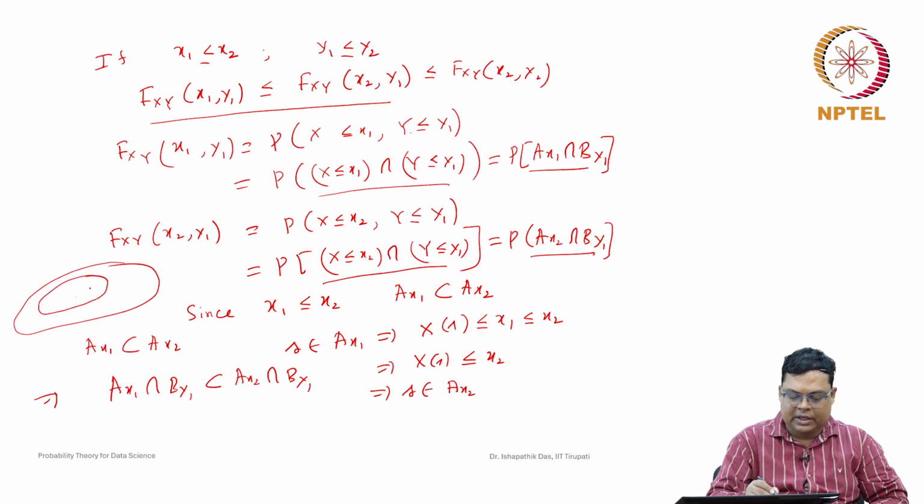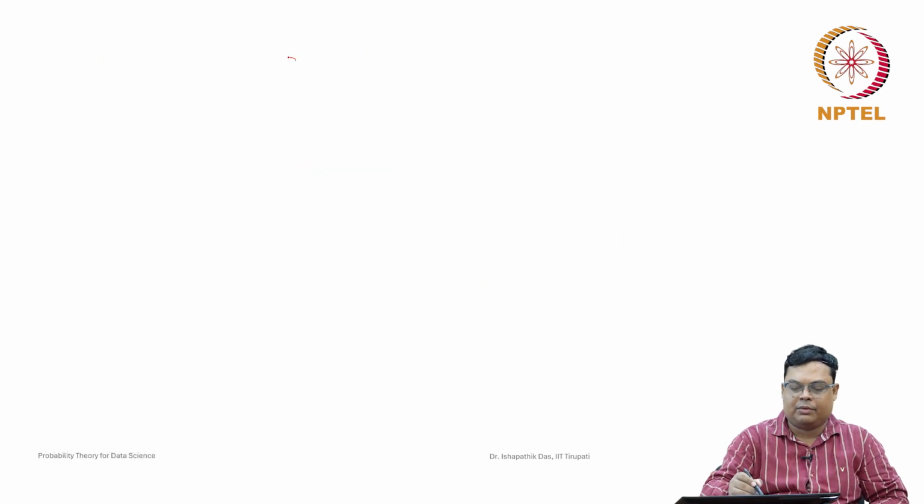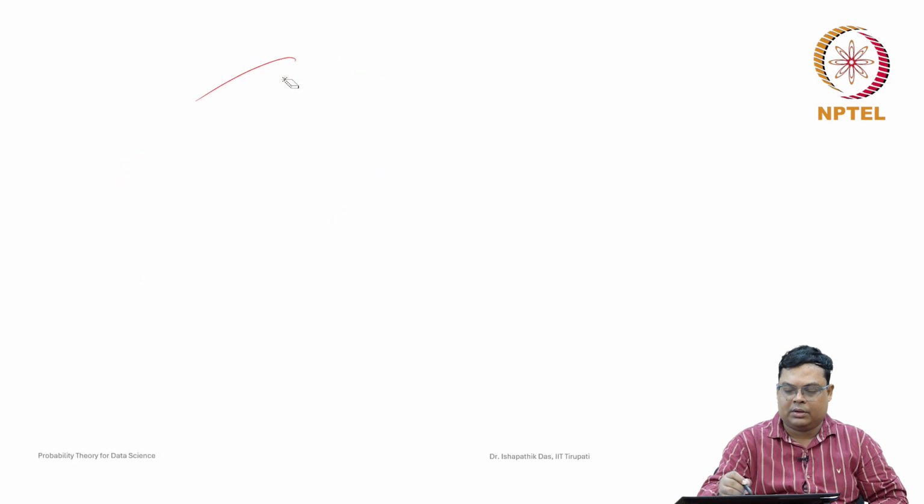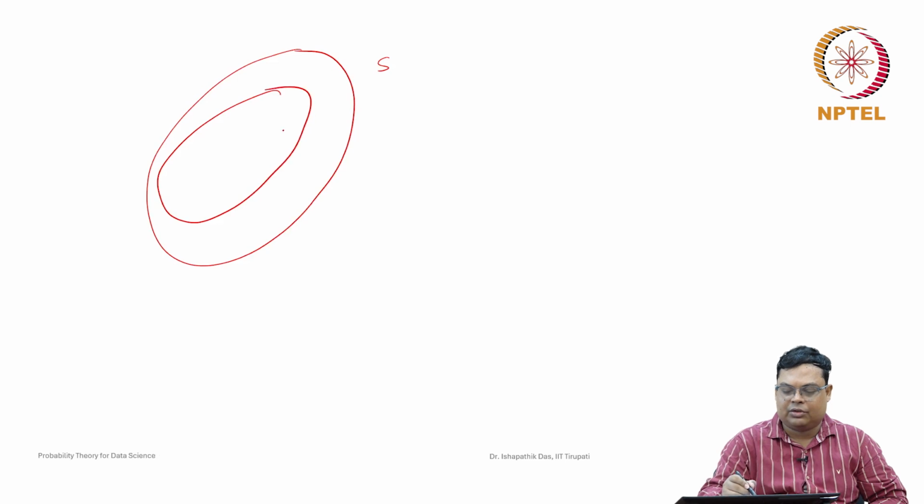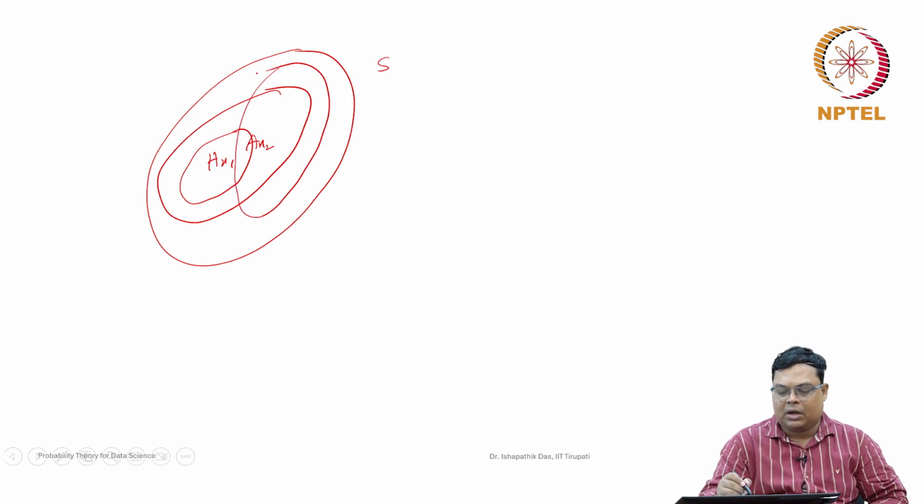Suppose this is the sample space, this is A_x2, and inside it is A_x1. Then B_y1 is supposed to be this region. So B_y1 intersection A_x1 is this part, and B_y1 intersection A_x2 will be the whole part.